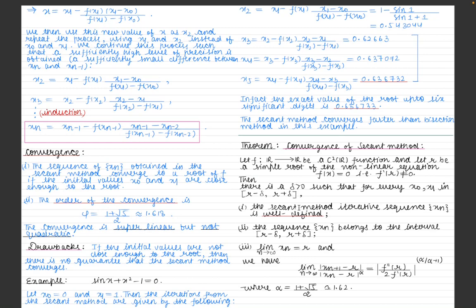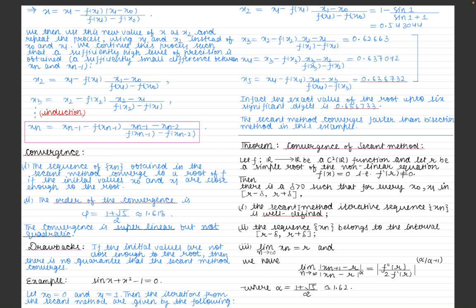Okay, f need not have a simple root at all, but we are adding this in the hypothesis. So for this particular class of functions, we have a very good convergence in the secant method, and the order is approximately 1.62, which is more than 1 and less than 2. So the order of convergence of the secant method is not quadratic.